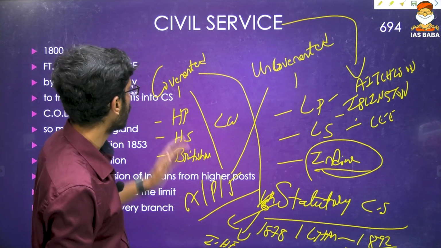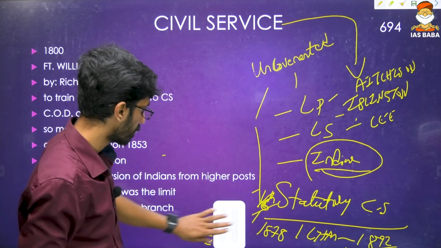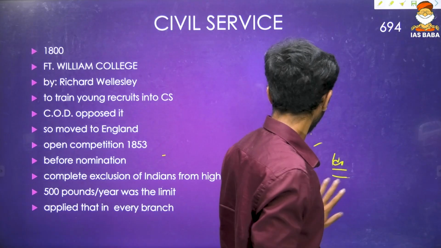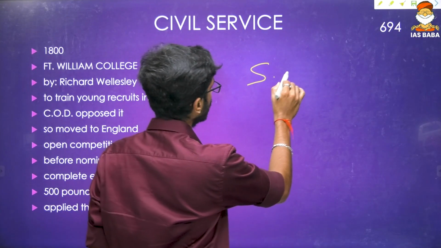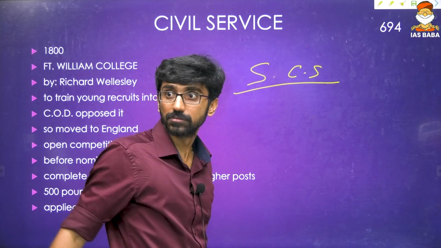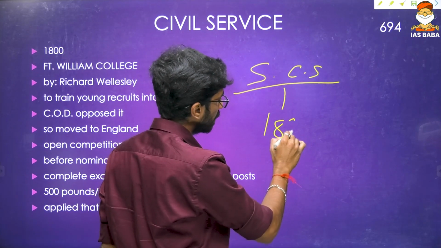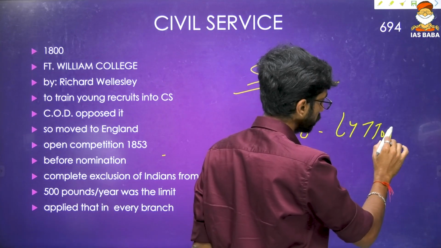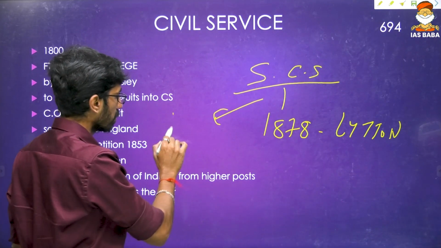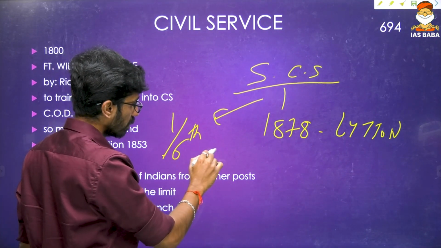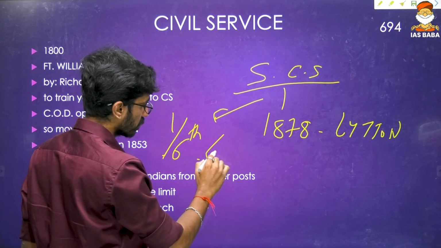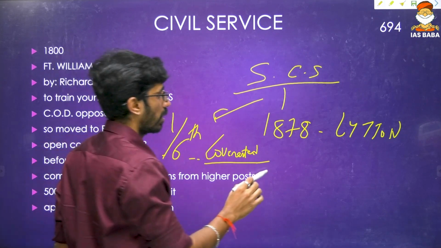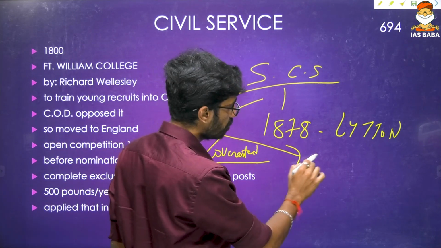So one more time I will write over here, statutory civil services. Brought in 1878 by Lytton, to fill one-sixth of the covenanted posts. And one-sixth of the posts were reserved for whom?